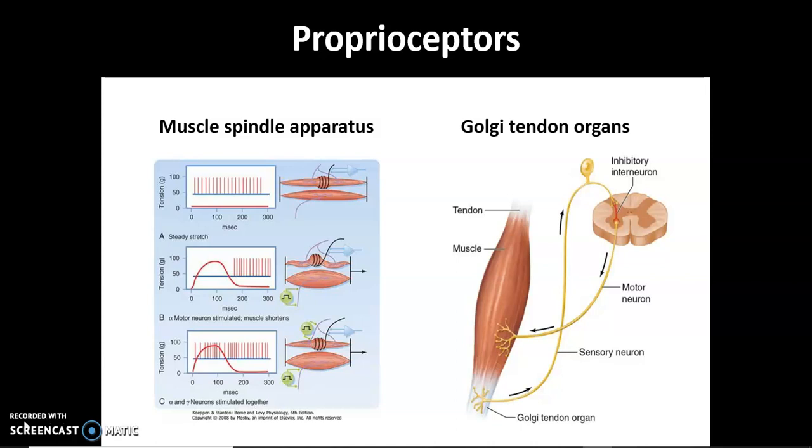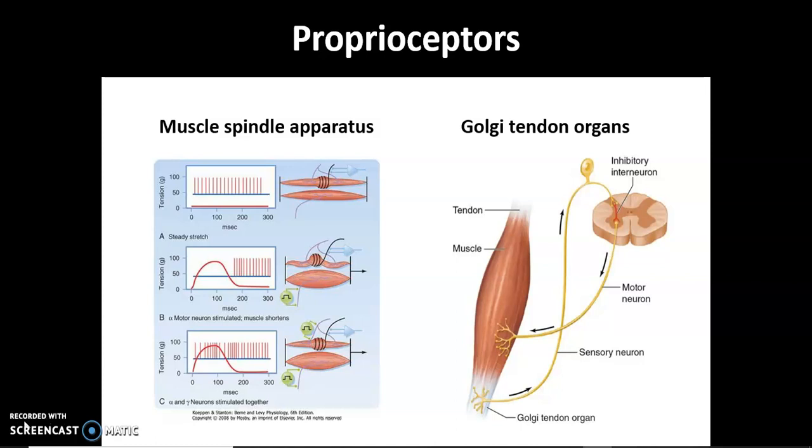This signal would then come back to the muscles in order to initiate contraction and prevent the stretching. So inevitably it stops the muscle from overextending and prevents injury.